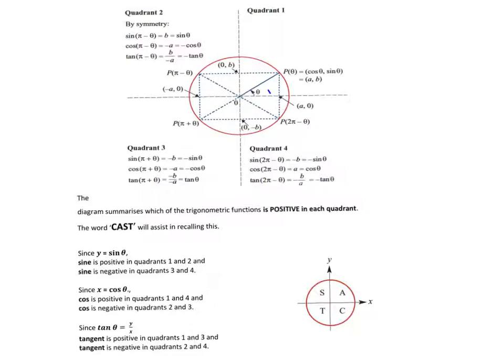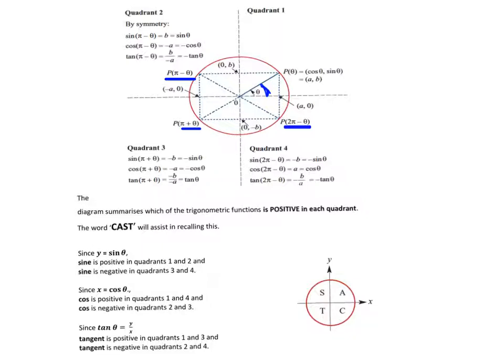And therefore, in the second quadrant, the relationship of that angle to the first quadrant is pi minus theta. In the third quadrant, the relationship between the third quadrant and the first is pi plus theta. And then in the fourth quadrant, it is 2 pi minus theta.